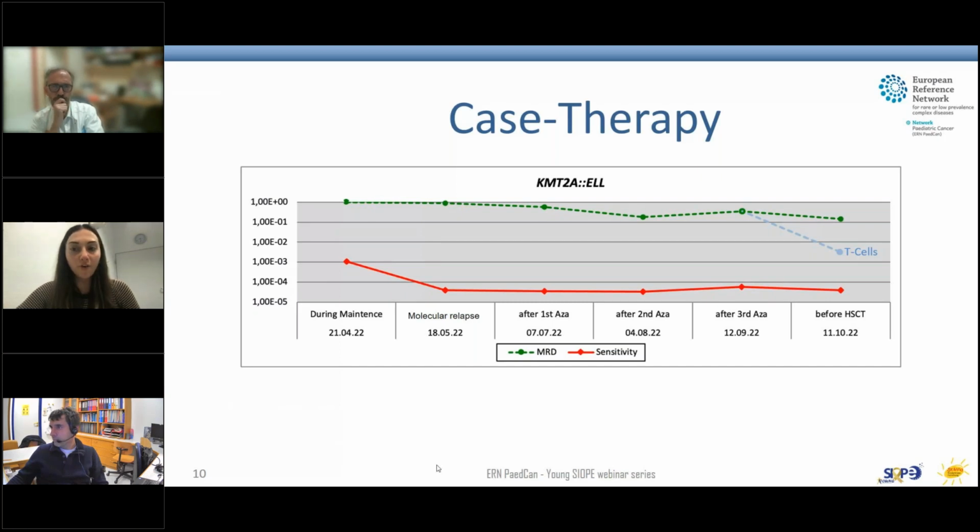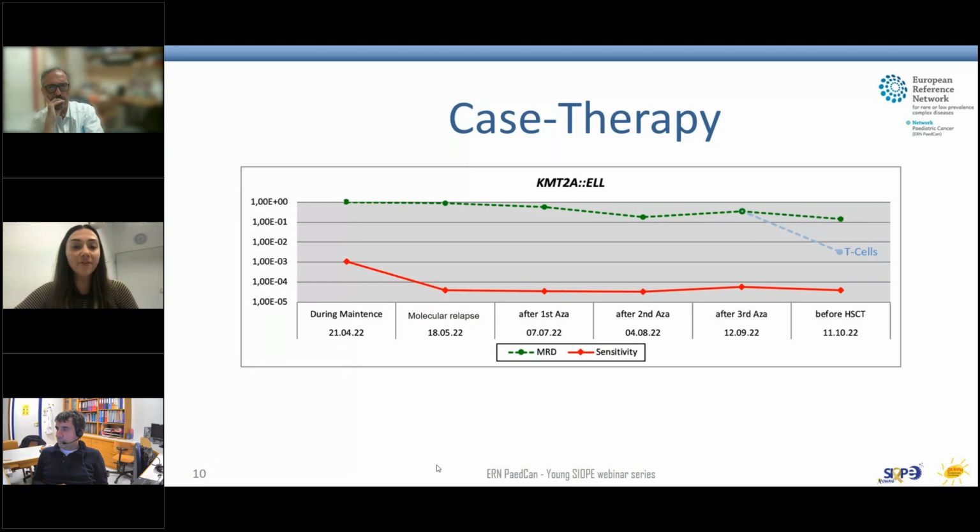Then we go further, and you can see this line for the expression of the fusion in T cells. You can see the blue line, right? That's only a percentage, so around 50%, we could say, of the fusion level, the MRD level that we could detect in total.